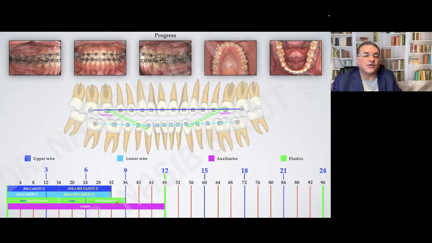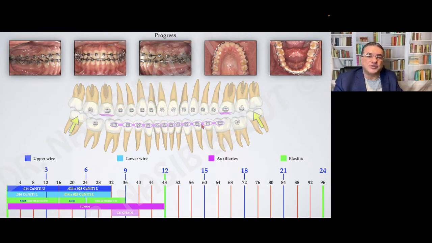Now I increase the force of the elastics, and now they are from the cuspid to the upper molars. And I want to overcorrect. As you see in the panoramic, the third molars are extruding. So I don't want to have interferences.